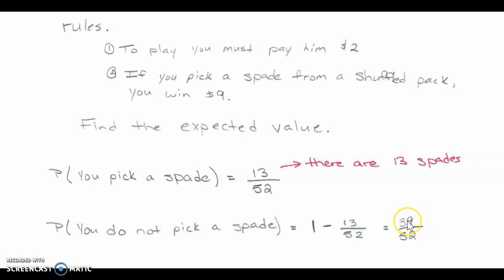That makes sense because there are only 13 spades, so you're more likely to not pick a spade than to pick one. So you've got the probability of winning and the probability of losing. If you pick a spade, you win $9. If you don't, your 39 over 52 probability is your losing probability.